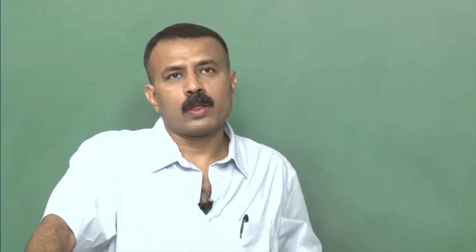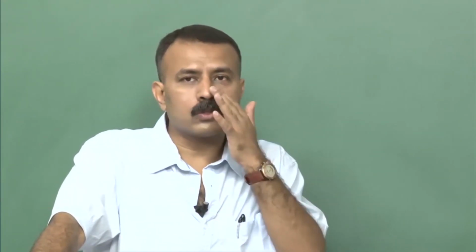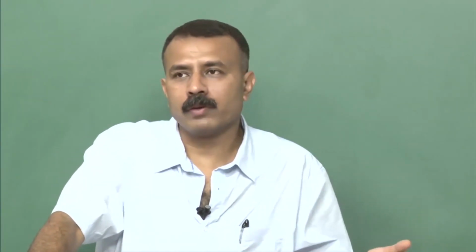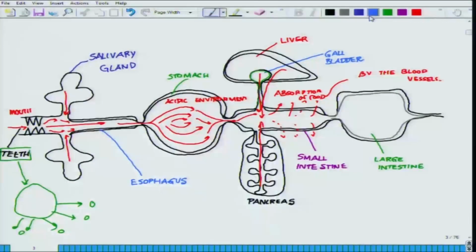It is here where any defect in this zone leads to a person being diabetic or having some kind of liver problem. It is at this critical zone of the pathway that a major problem arises.